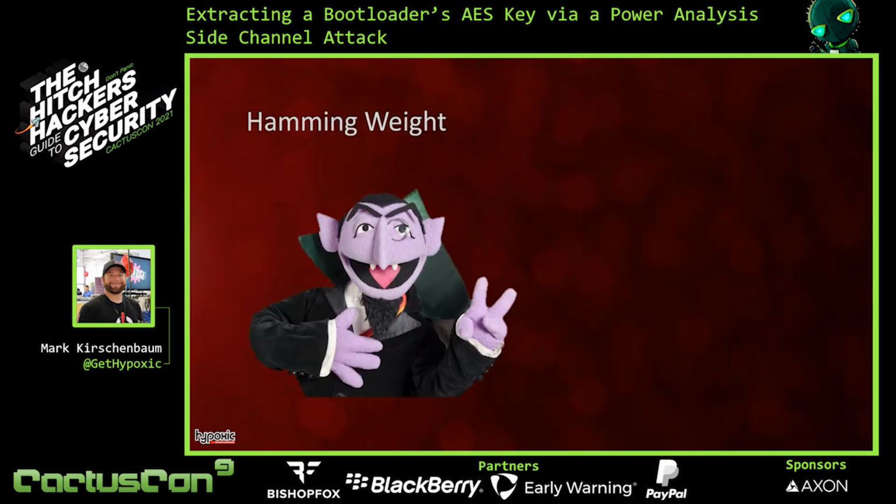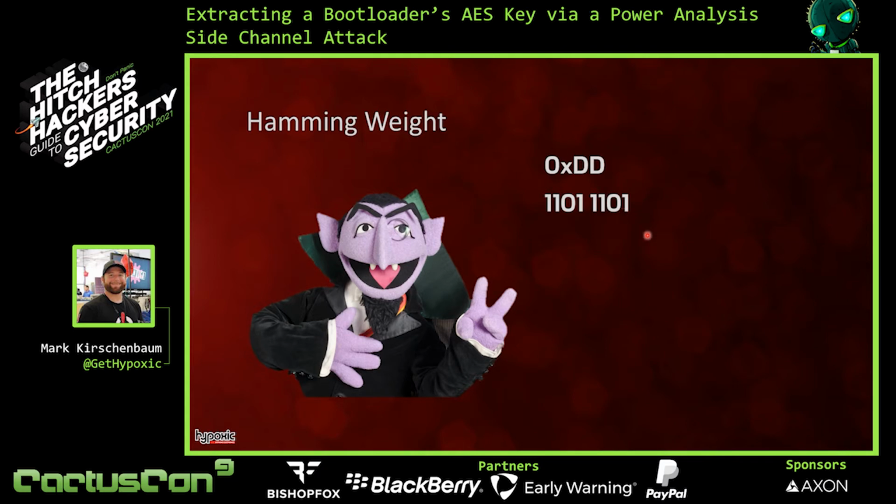In order to explain correlation power analysis, we have to introduce a concept called Hamming weight. Hamming weight is pretty easy to explain, and generally it's just by example. For instance, if we have the value DD, all we do is we bust this out into binary, and now we have 1101, 1101. Now, for Hamming weight, all we're doing is counting how many ones there are. 1, 2, 3, 4, 5, 6.